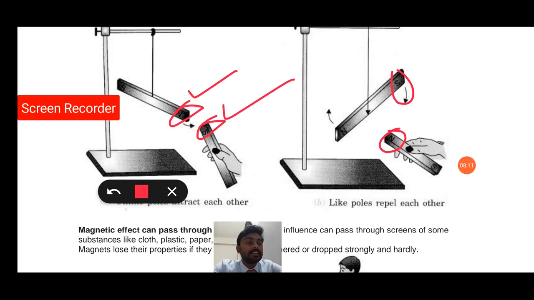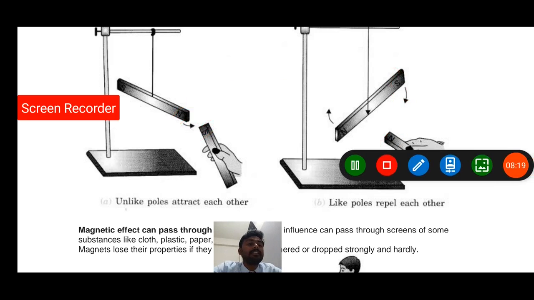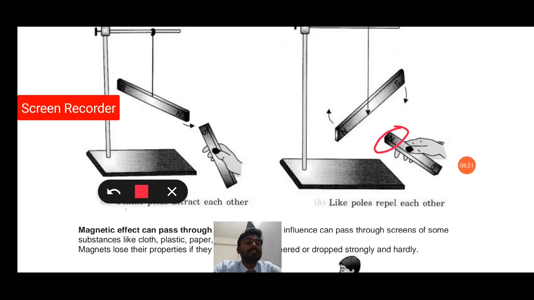On this side, this is a north pole and this is a north pole, so both repel each other.